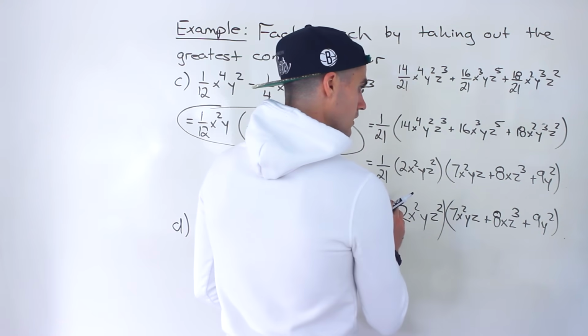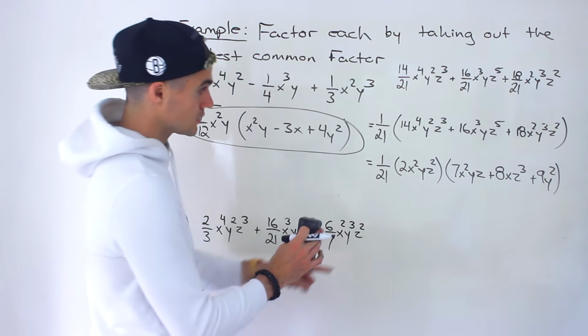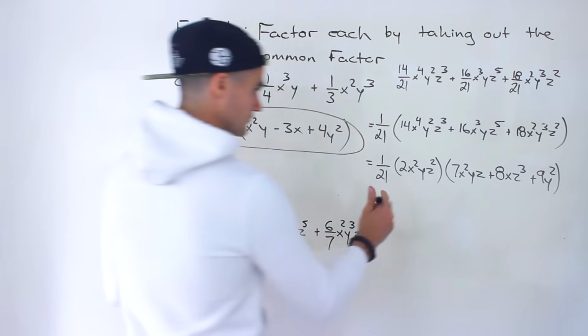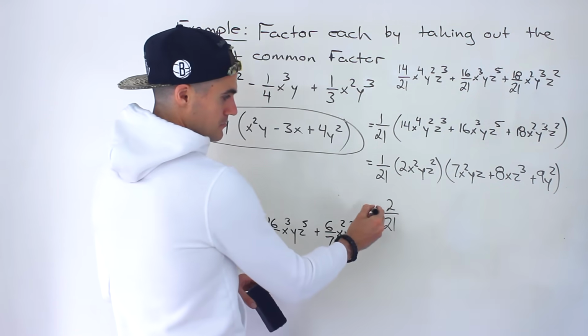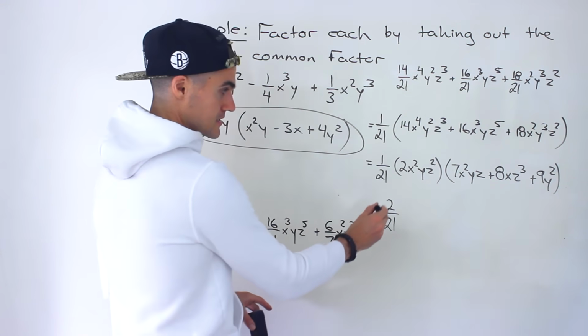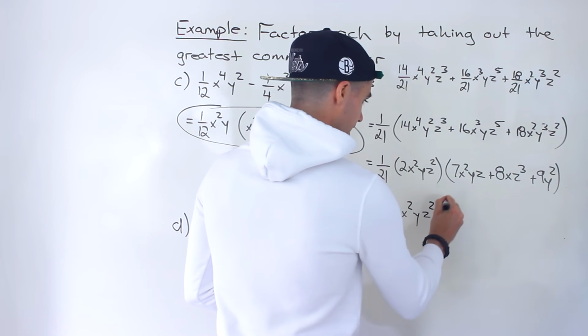And so from here, to make this look nicer, the 2 and the 1 over 21 we combine, so that'd be 2 over 21. And then this doesn't simplify any further. Sometimes this fraction will simplify further. In this case, it doesn't. And then we have the x squared y z squared.